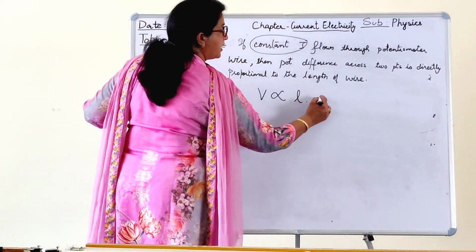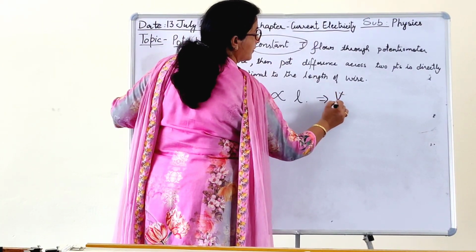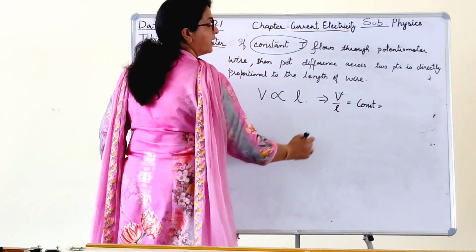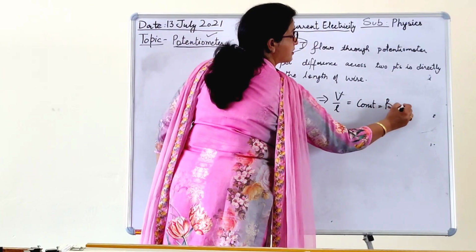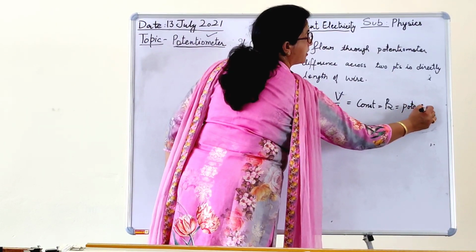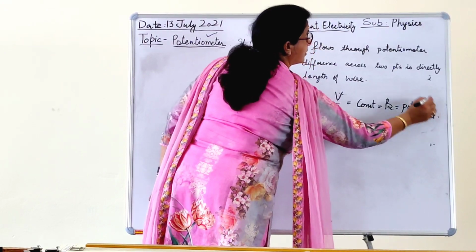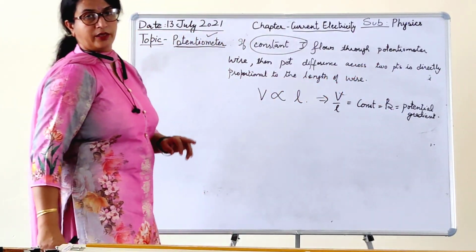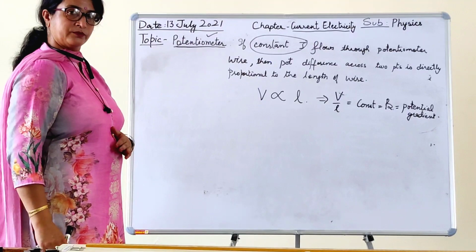According to this equation, we can write that V by L is equal to some constant, and that constant is represented by small k and is known as the potential gradient. We can say for constant current, the potential gradient is constant for the potentiometer.